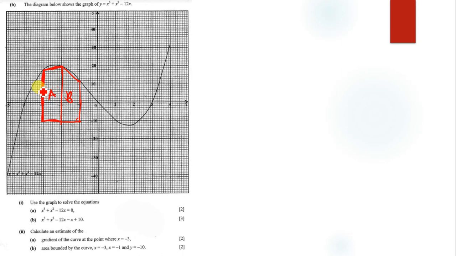This part will be my A, this one will be my B, and my height will be this one here. Same applies to this part: this will be my A, this one will be my B, and the height will be this one there.